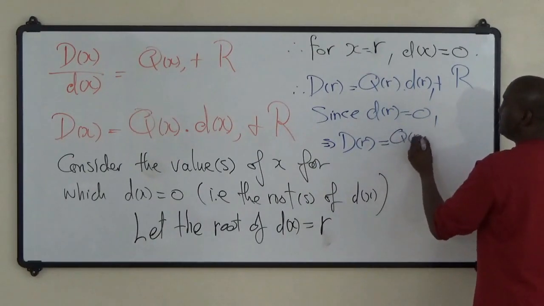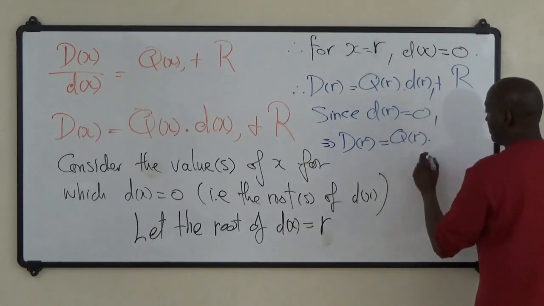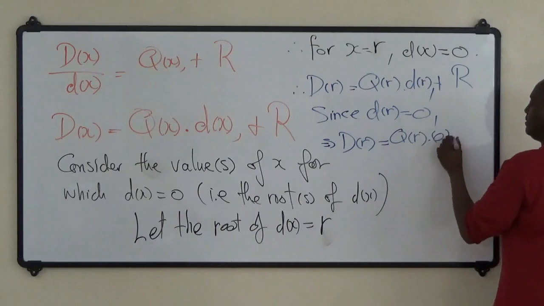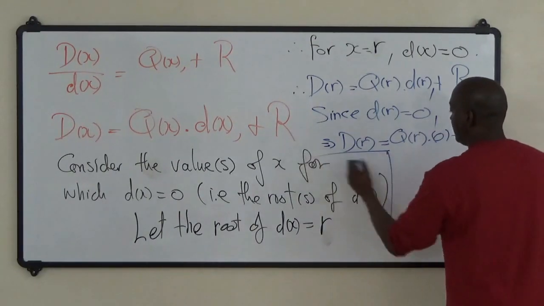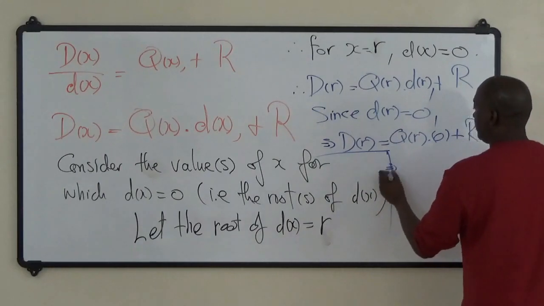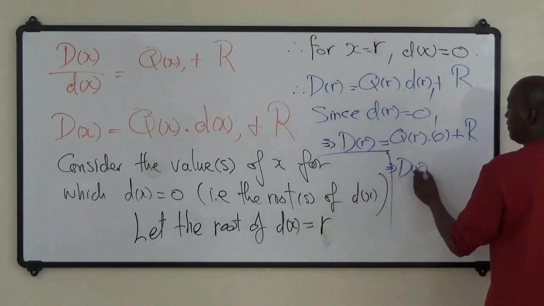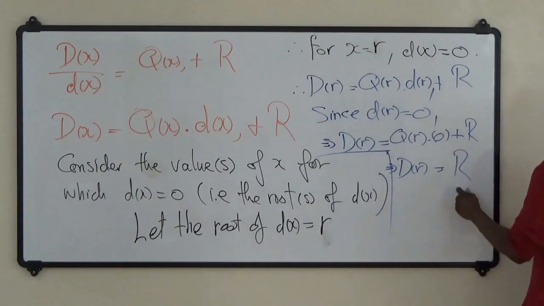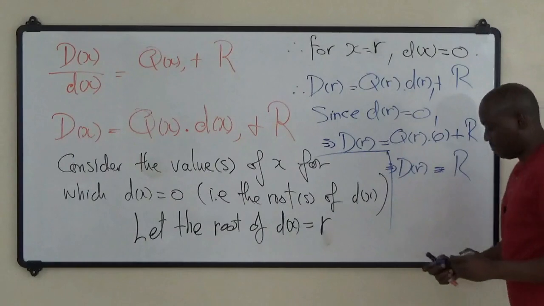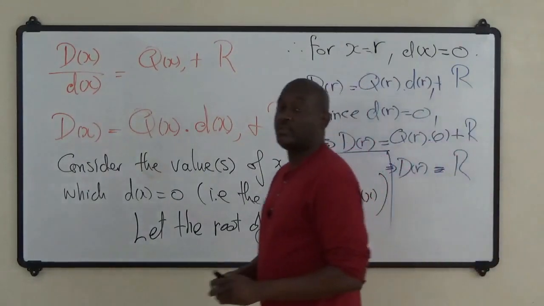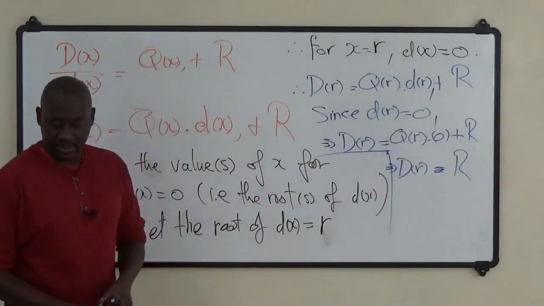We put it here just for emphasis, q of r by 0 plus big R, which means then that big D of r is equal to a remainder R. All right? And this here in blue is what we refer to as the remainder theorem.